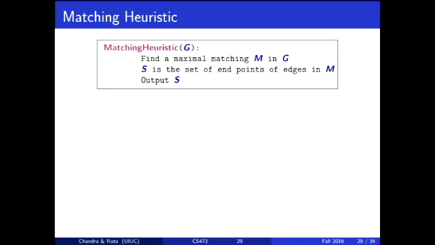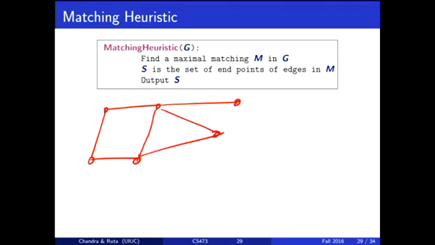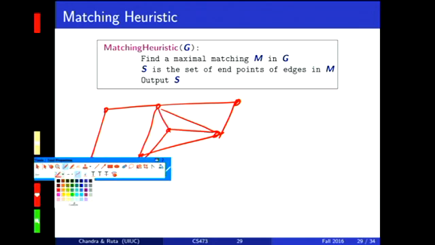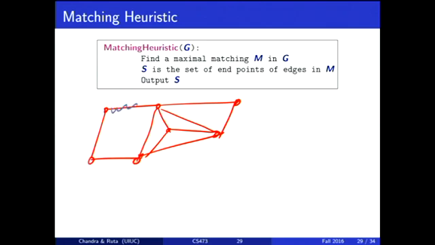Now, is it a vertex cover? So what did I do? Let's draw a graph. Give me a maximal matching in this. Maybe I pick this edge, and then maybe I pick this edge, and this edge, and can I do one more?